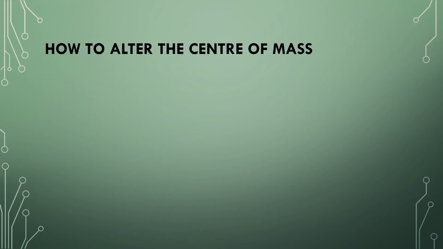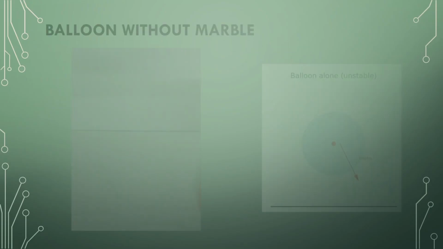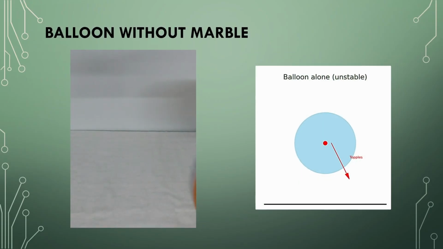Now we will understand how, in daily life, we can do some experiments to understand the concept of center of mass, or how we can shift the center of mass.